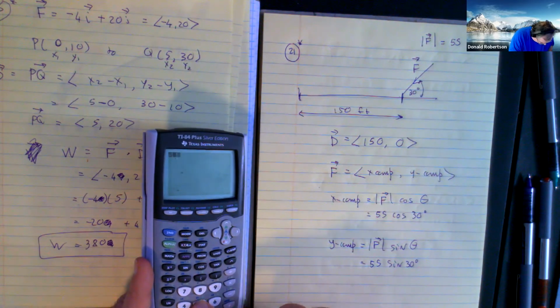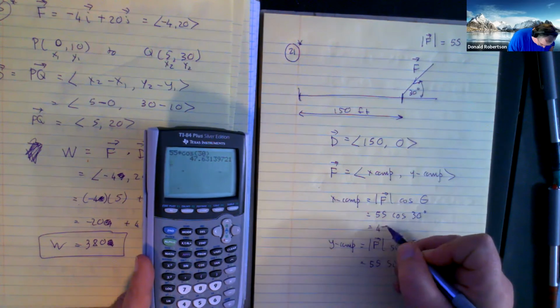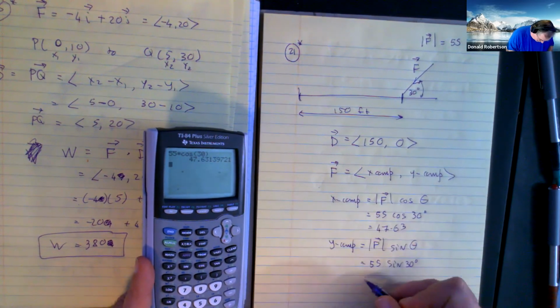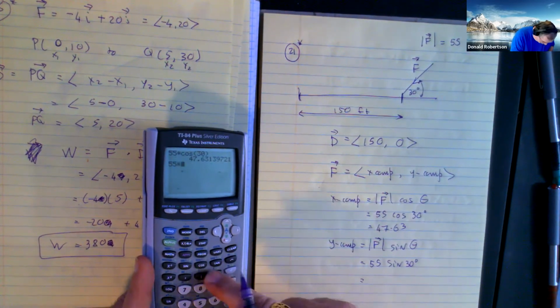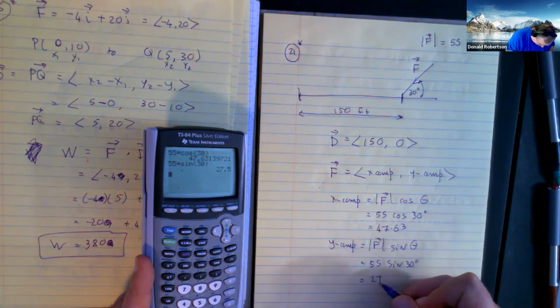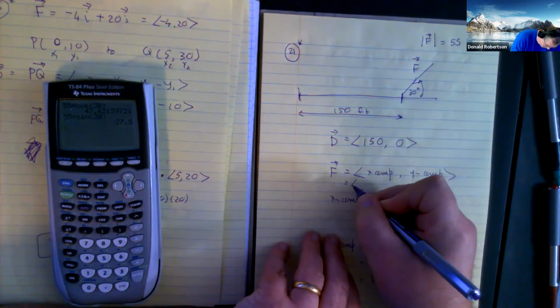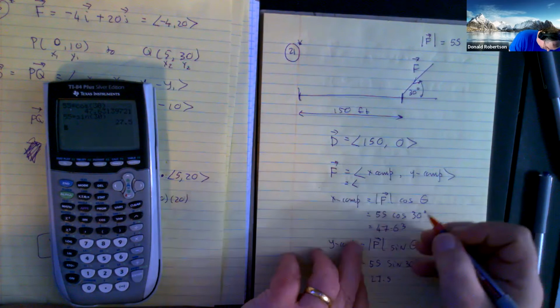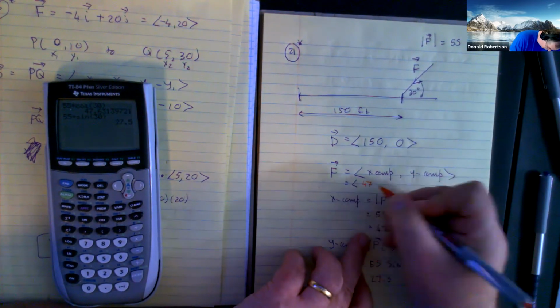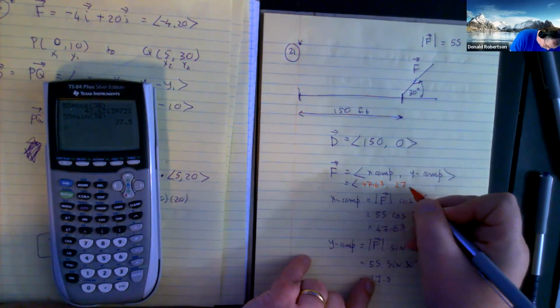So 55 multiplied by the cosine of 30 degrees gets me 47.63, and 55 times the sine of 30 degrees gives me 27.5. So I now know what F is: 47.63, 27.5.